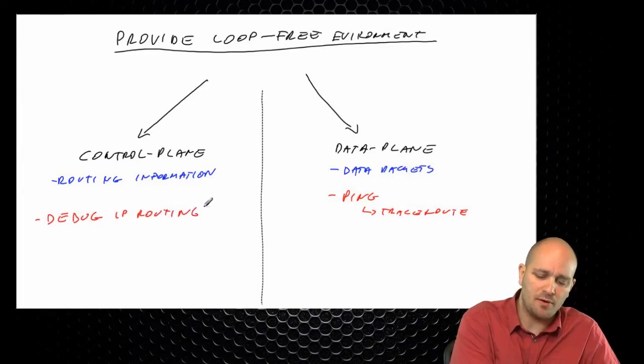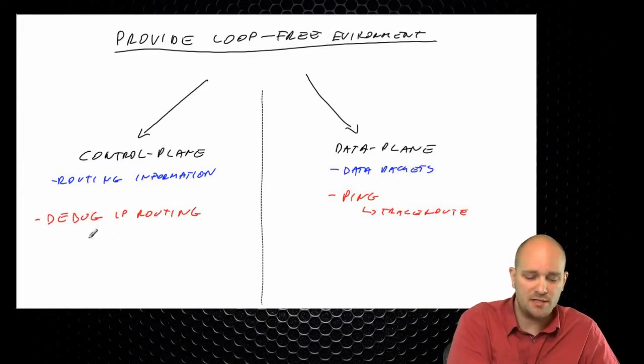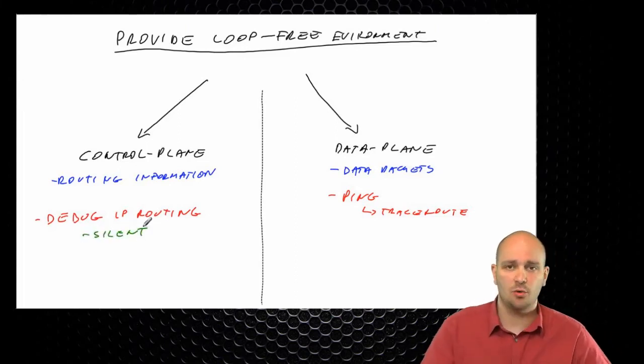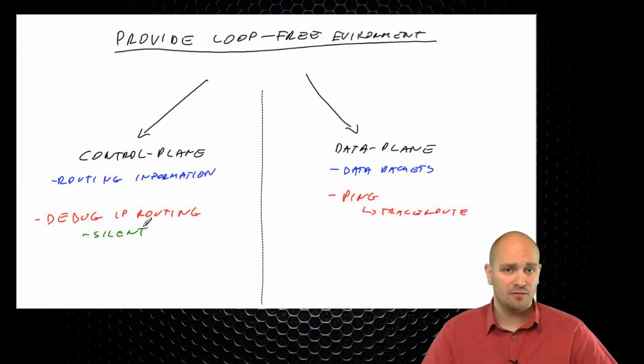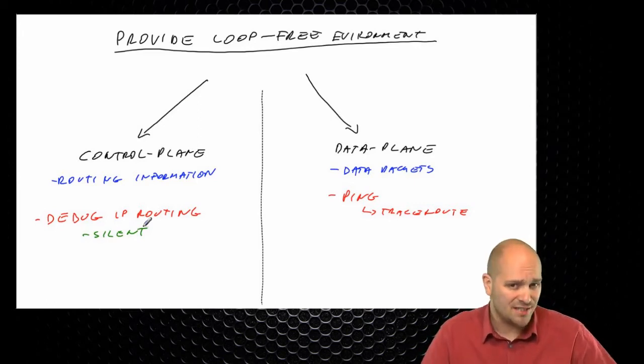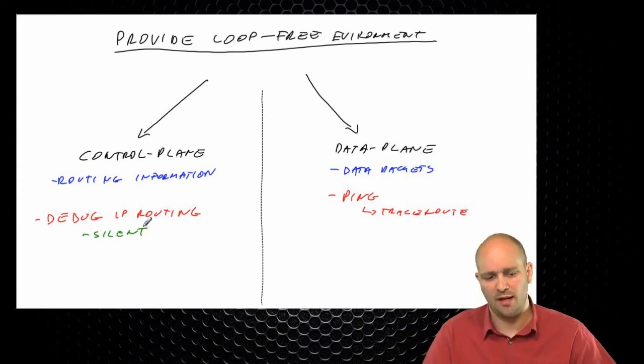Now, debug IP routing is, generally speaking, very silent. If everything is okay, again, generally speaking, it will be very, very silent. It will produce almost no output. There are some exceptions, and those exceptions have to do with the default route. If you have the existence of the default route, you might see it being refreshed in the routing table from time to time.